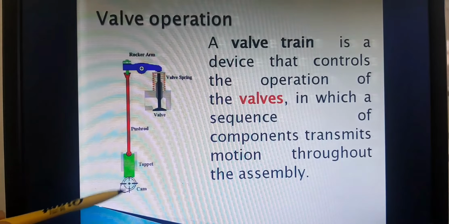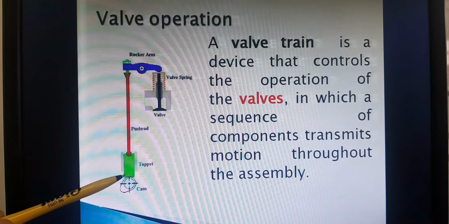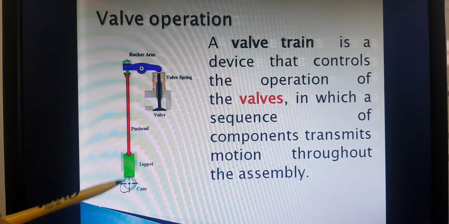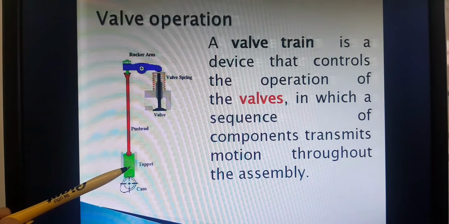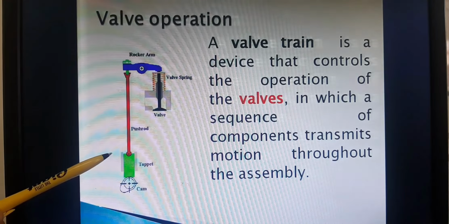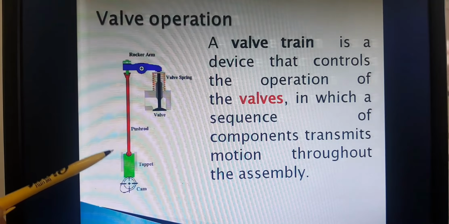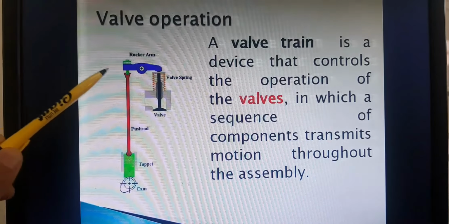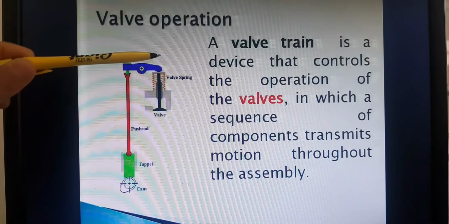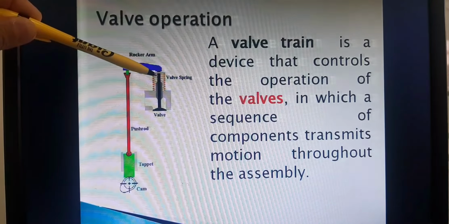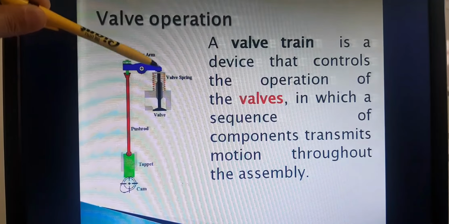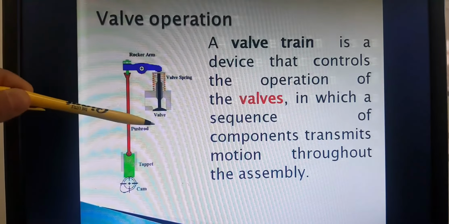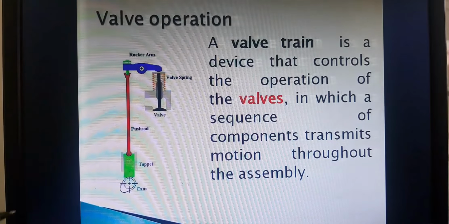From the cam, when it rotates, it pushes this tappet, so it moves up, and in turn it pushes the push rod to go up also, and the rocker arm swings so that it can push the valve and it becomes open now.